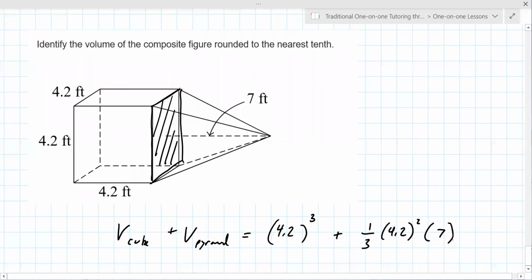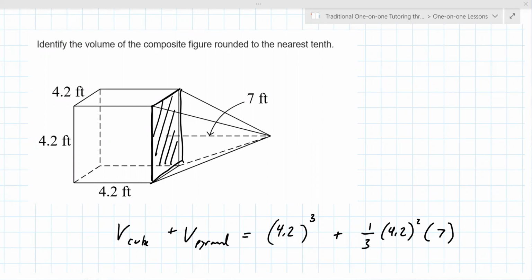Go ahead and calculate that for me, please. I get 115.2. Yes, I agree with that.